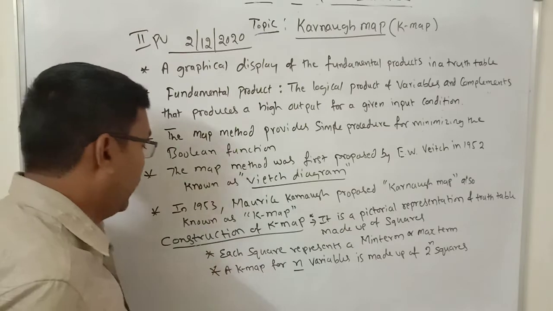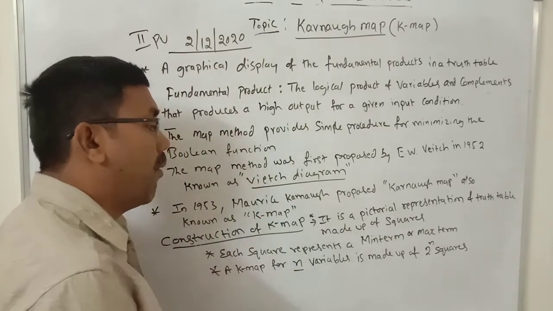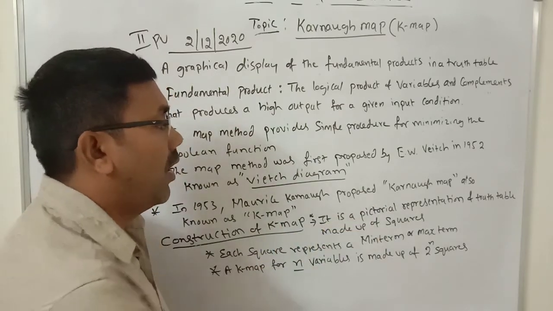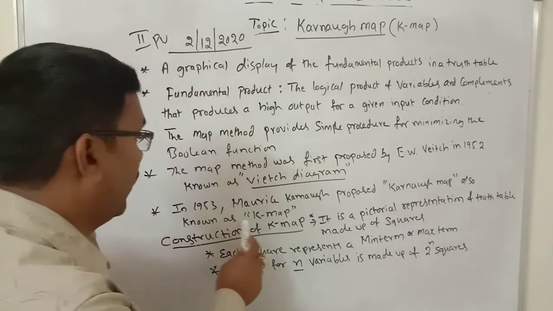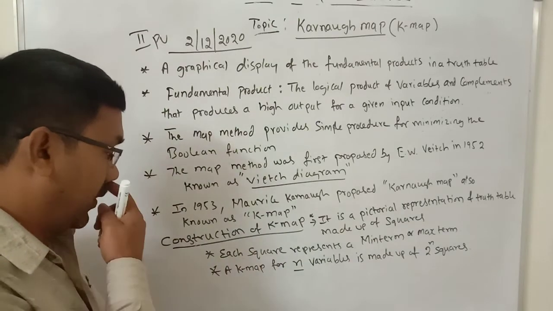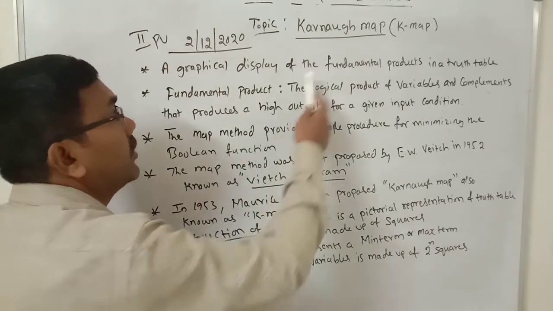In 1953, Maurice Karnaugh proposed the Karnaugh map, also known as K map. K map ನ ಪ್ರಪೋಸ್ ಮಾಡ್ದ, ಇಂಟ್ರೊಡ್ಯೂಸ್ ಮಾಡಿದ್ರು. ಓಕೆ, ದಿಸ್ ಈಸ್ ದ ಸ್ಮಾಲ್ ಇನ್ಫಾರ್ಮೇಶನ್ ರಿಗಾರ್ಡಿಂಗ್ K map.